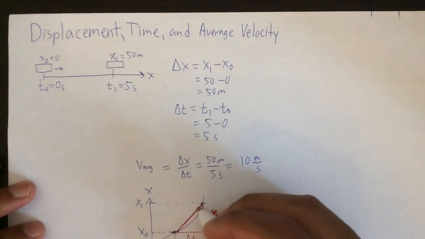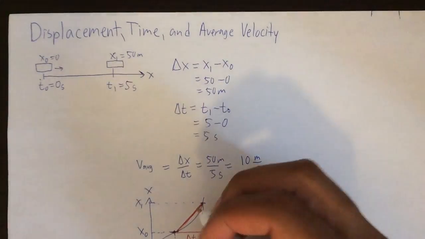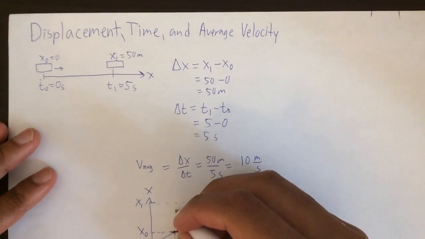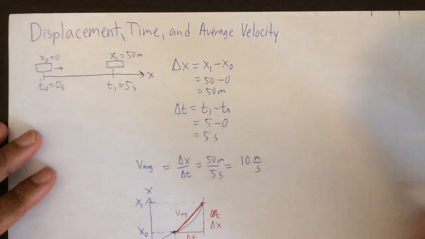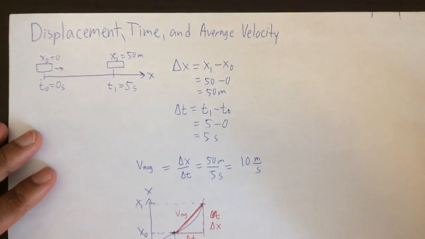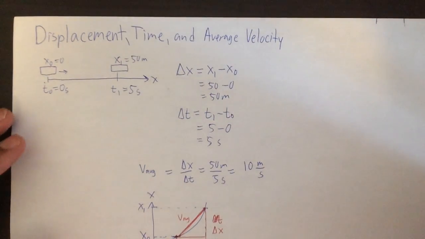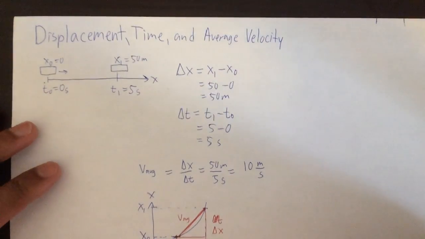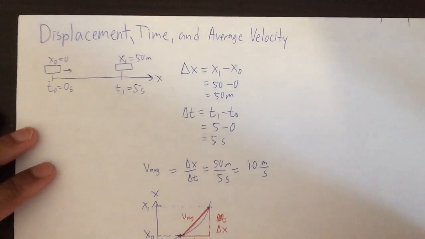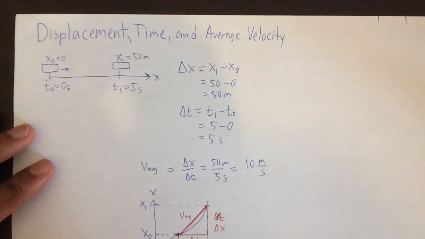The slope of this line here is going to be equal to v average.